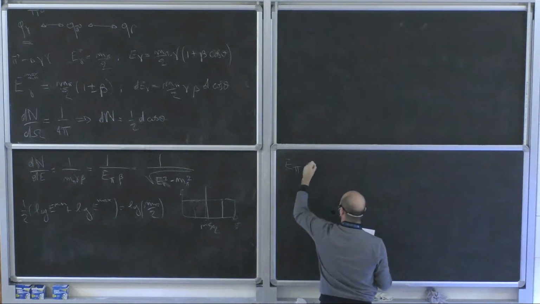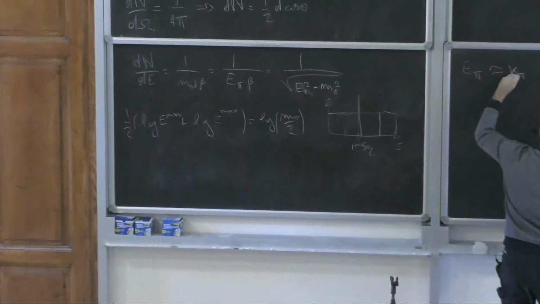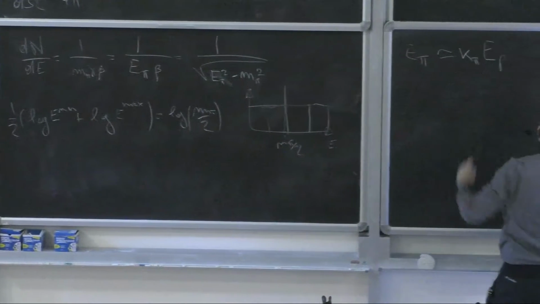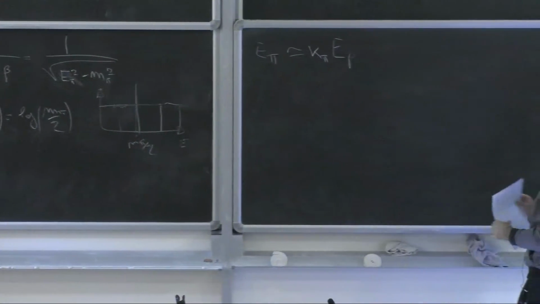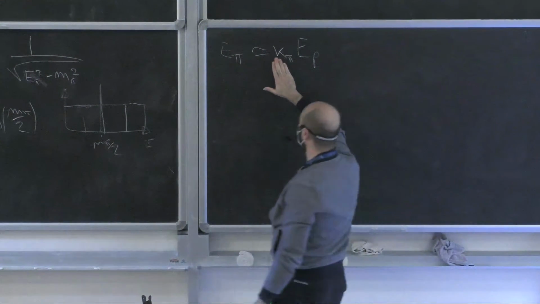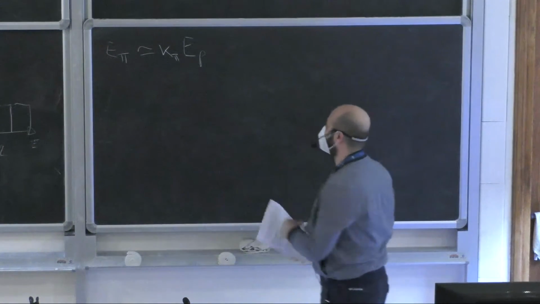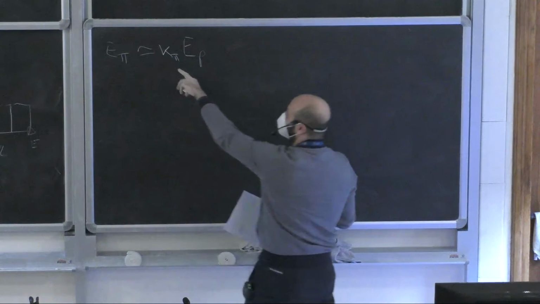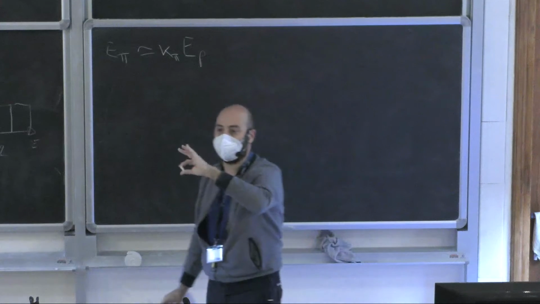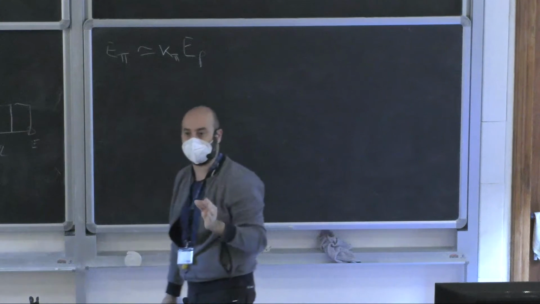The energy of the pion is a fixed fraction of the energy of the proton that produces it. Okay, this is not true. This is a slightly evolving function of energy, but okay, let's keep it. And roughly this factor has a value of 0.15 to 0.2. That's just to give you an idea.